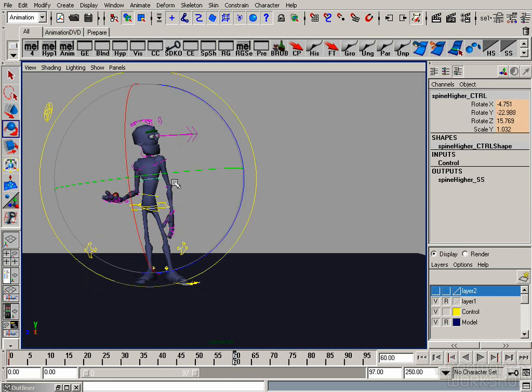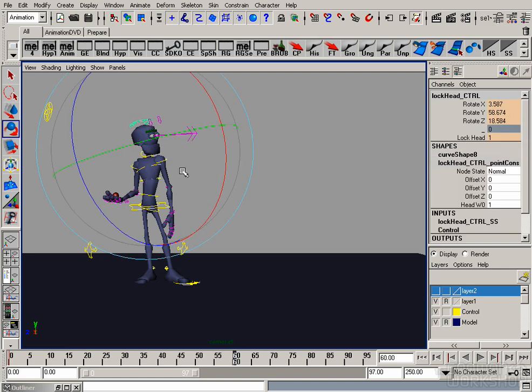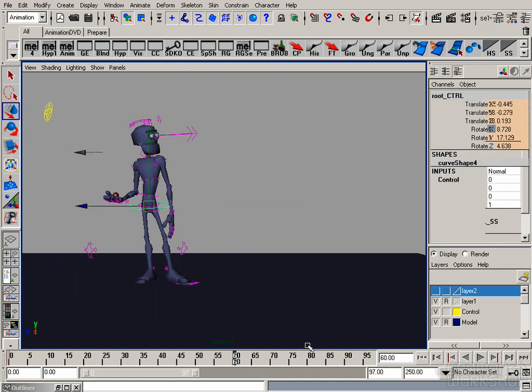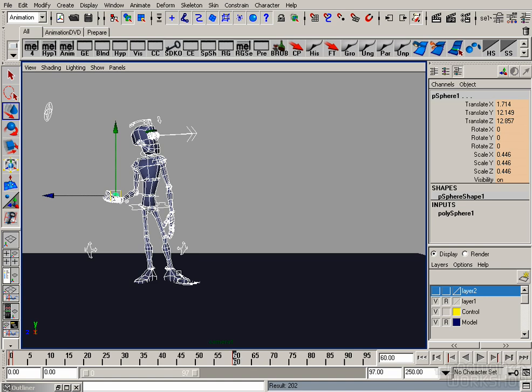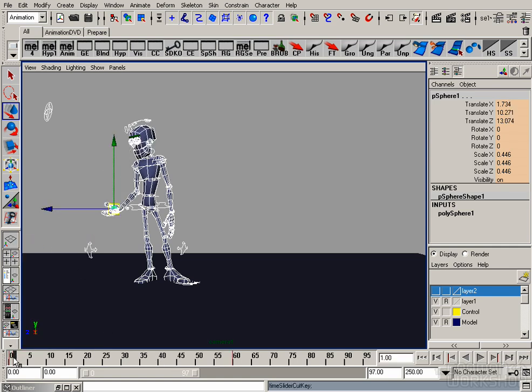Okay, a little bit of movement. Go to the pose. Key it at 60. What I don't want is a linear movement from one pose to another one.